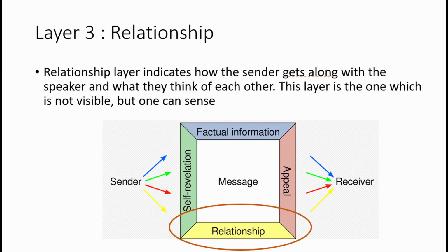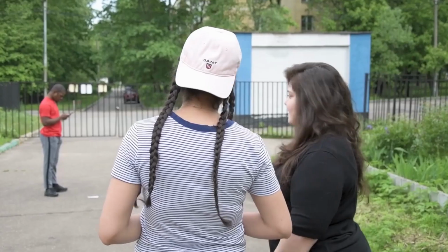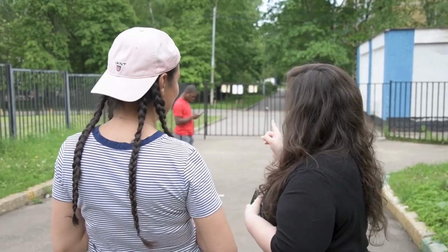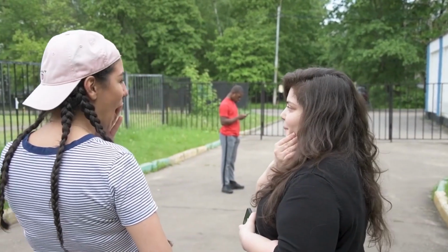The third layer, which is the relationship layer, indicates how the sender gets along with the receiver and what they think of each other. Usually, this layer is not necessarily a visible layer while they are communicating. What does that mean? Let's say I am communicating a message to one of my closest friends.